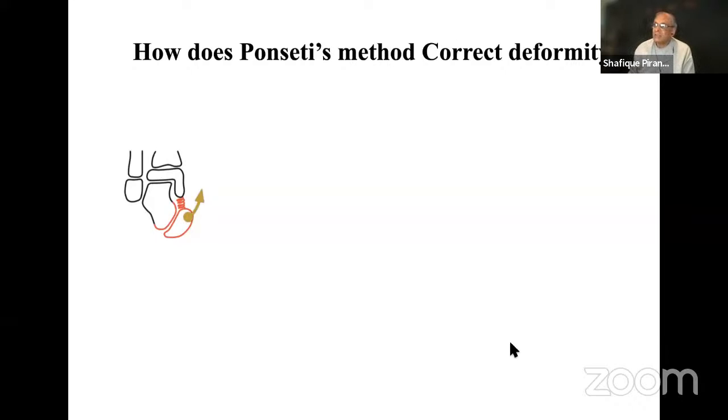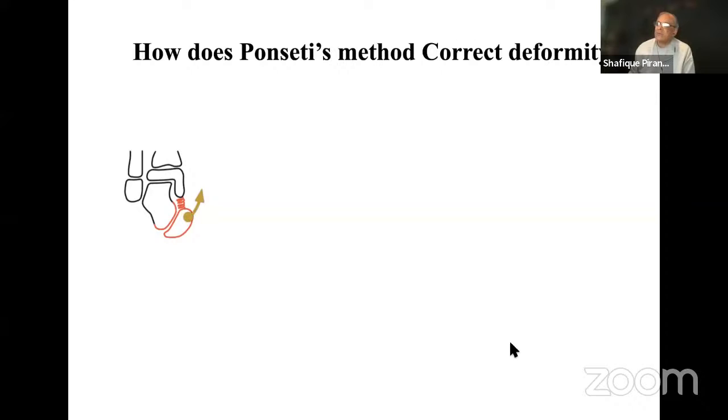How does the Ponseti method actually correct the deformity? Here you see a cartoon representation of the deformed talonavicular joint in the posteromedial contractures, as well as the tibialis posterior pulling on the navicular.